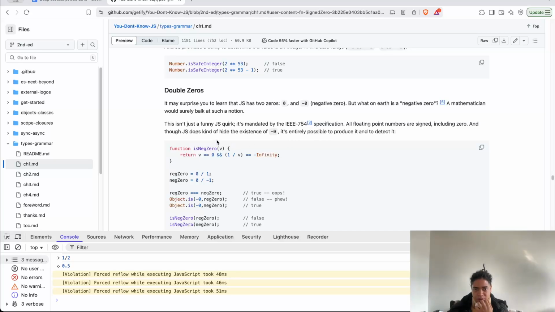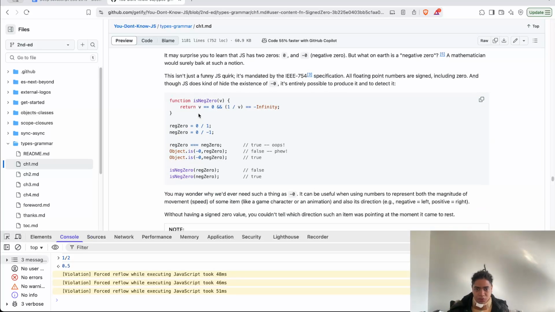And though JavaScript does kind of hide the existence of -0, it is entirely possible to produce it and detect it. For example, if you want to detect a -0, there is a specific function for that. And you can also use the Object.is method to detect that: -0 versus regular 0.